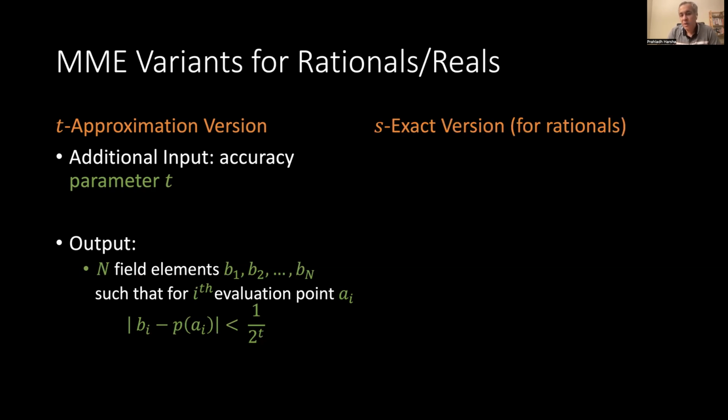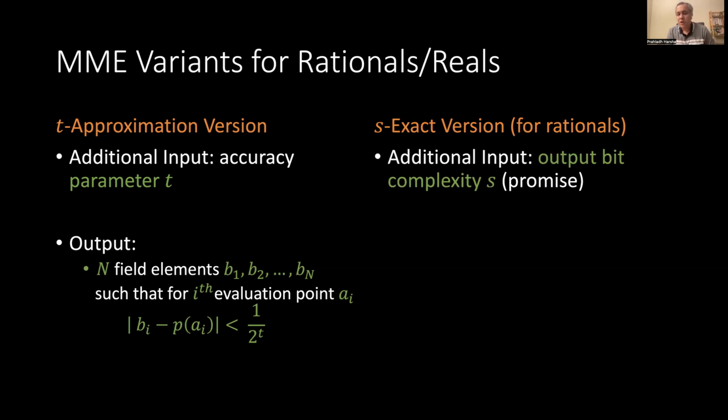MME. We can similarly consider another version, which is the s-exact version. This is for the special case just restricted to the rationals. Here, in addition to the usual MME input, we are given an extra input parameter, which we'll call the output bit complexity parameter s. And this is a promise problem. We are promised that all the inputs and all the outputs, when expressed as rational numbers, have numerators and denominators whose bit complexity is at most 2 to the s.